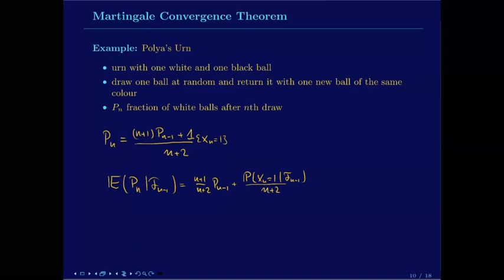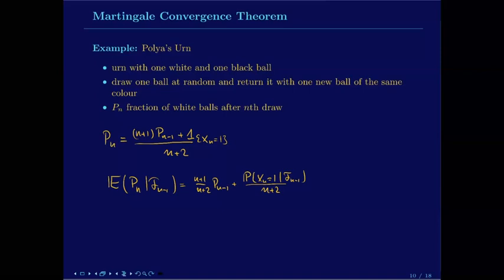Now, I already said the probability that Xn equals 1, so that a white ball is drawn in the nth draw, actually depends on the fraction of white balls. So the probability equals the fraction present in the urn before the nth draw, and that is exactly Pn minus 1.